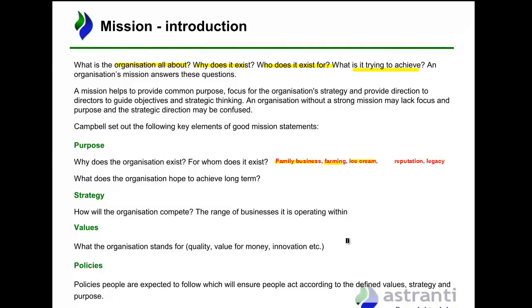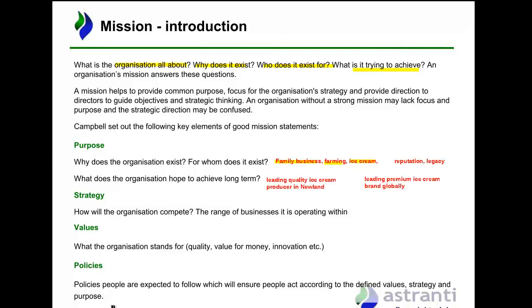Okay, so we can then ask, what does the organisation hope to achieve long term? Well, we're only really guessing at this stage. We don't know for sure, but we could say that perhaps they want to be the leading provider of premium ice cream, which is something they actually already are, but perhaps they want to increase their market share and want to be the leading ice cream retailer in Newland or something like that.